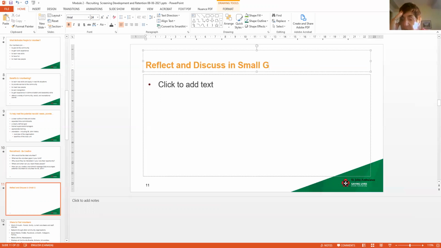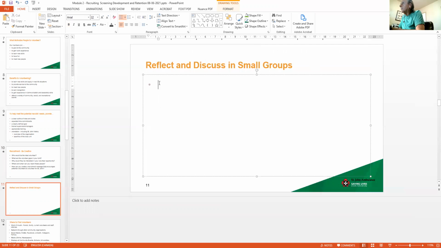So use one timekeeper and one note taker. Okay, so put roles: timekeeper, note taker. I would give people a good 10 minutes to talk, wouldn't you? Depends on how big your group is.